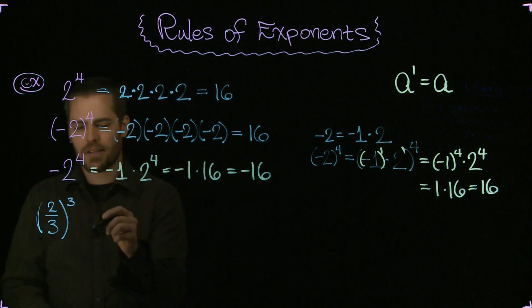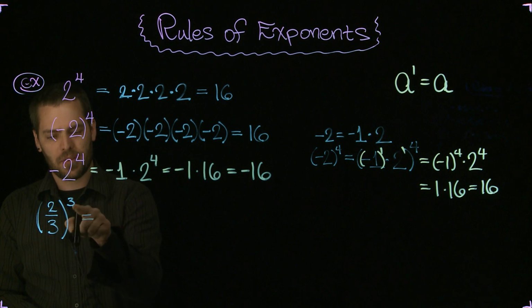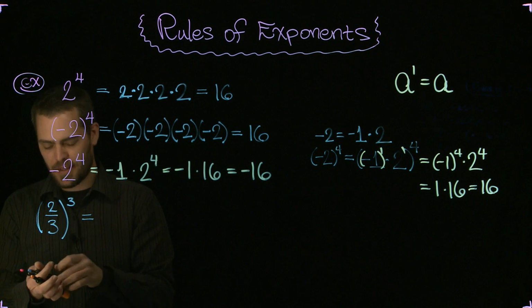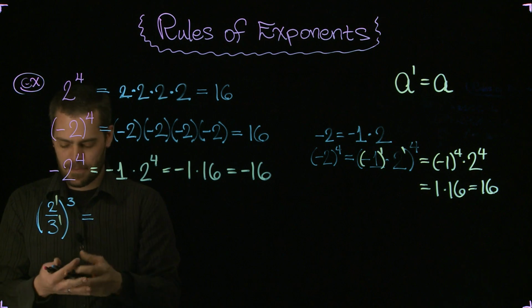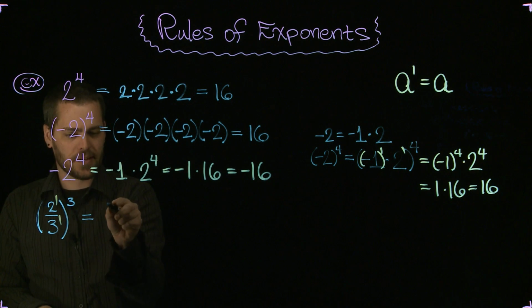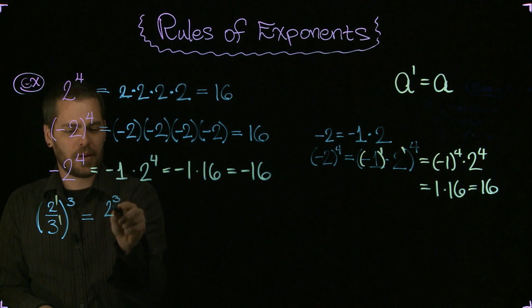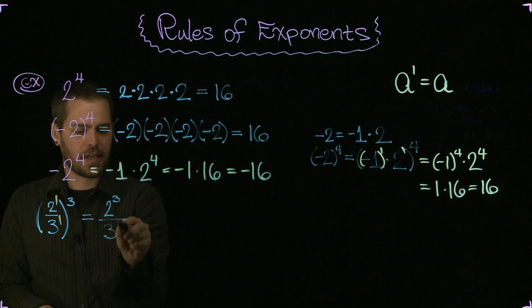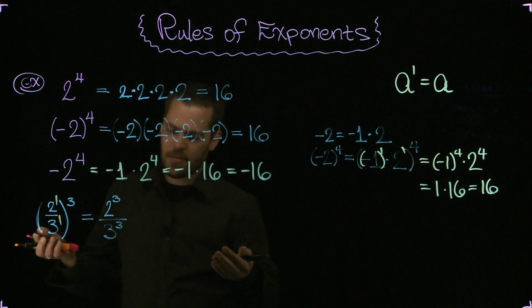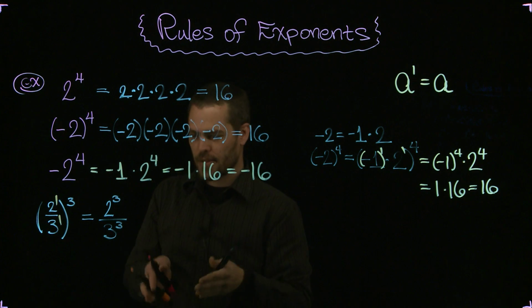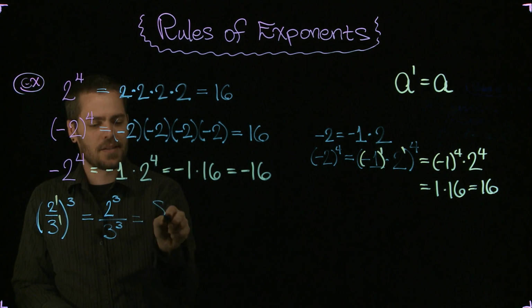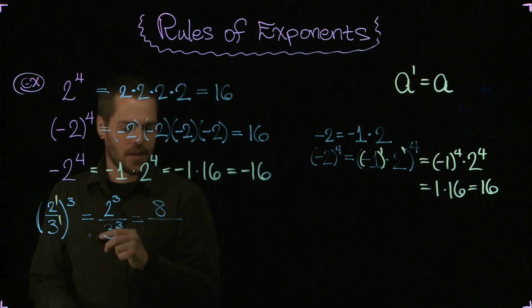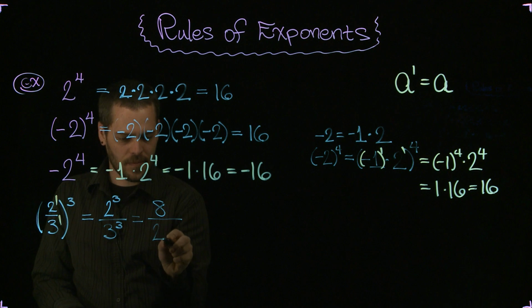Or I can use the other property that says I can distribute the power to the powers of these guys. Their powers are 1 if you don't see it. So when I distribute that, it looks like 2 to the third power over 3 to the third power. And that comes out as exactly the same as 2/3 times 2/3 times 2/3. So this gives me 8 on the top. 3 to the third power is 27.